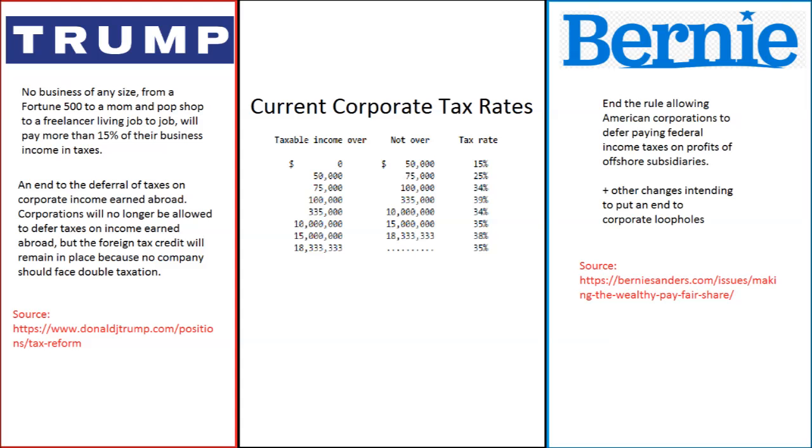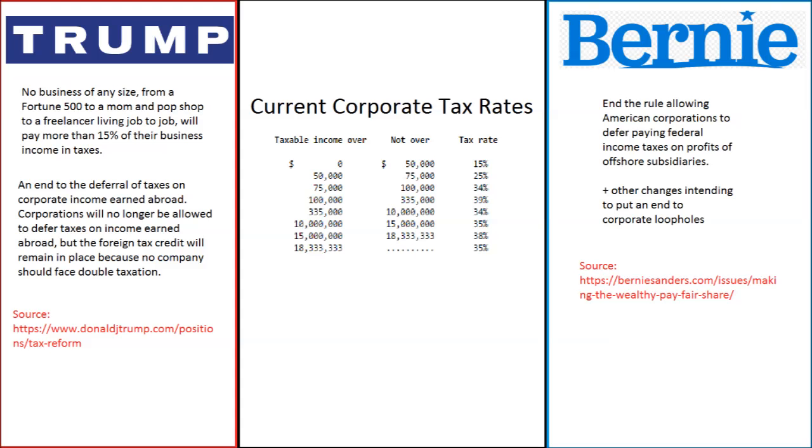On the other hand, with Bernie Sanders, it's sort of hard to find information on his exact plan, but it seems that he does not plan to change the corporate tax brackets as they are now. What he is focusing on is implementing measures that are going to stop corporations from finding ways to not pay their taxes.